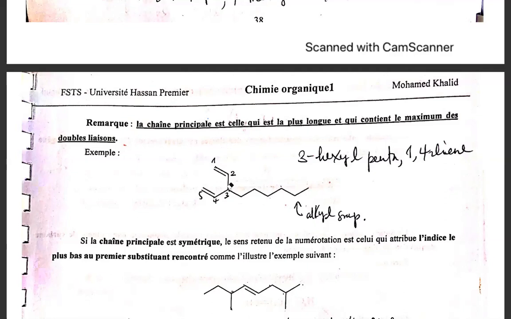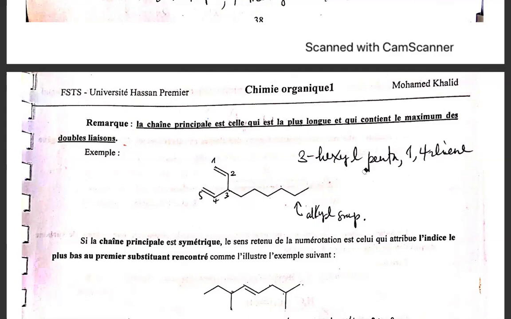Now we have 2 double bonds. That is, we are going to use the multiplication factor, which is di. So this becomes position number 1 and position number 4. We have a diene at position number 1 and position number 4. We have 2 double bonds that are repeating, and we conclude that that's a diene.